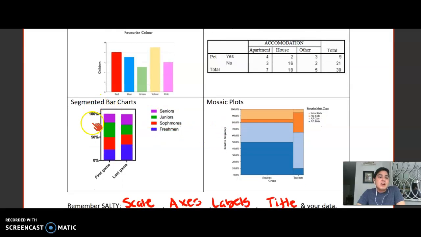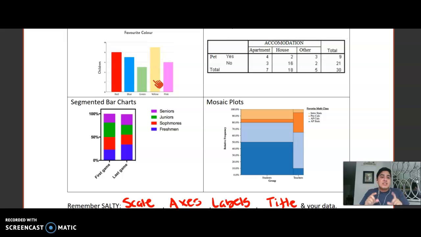A segmented bar chart takes the relative frequencies. So here, notice I have my 4 classifications, and let's say I was interviewing students at the first home game and the last home game. We can see here that it's basically if you took your bar chart and you took that red out of the total number of those 5 categories added together. You took that blue out of those total 5.